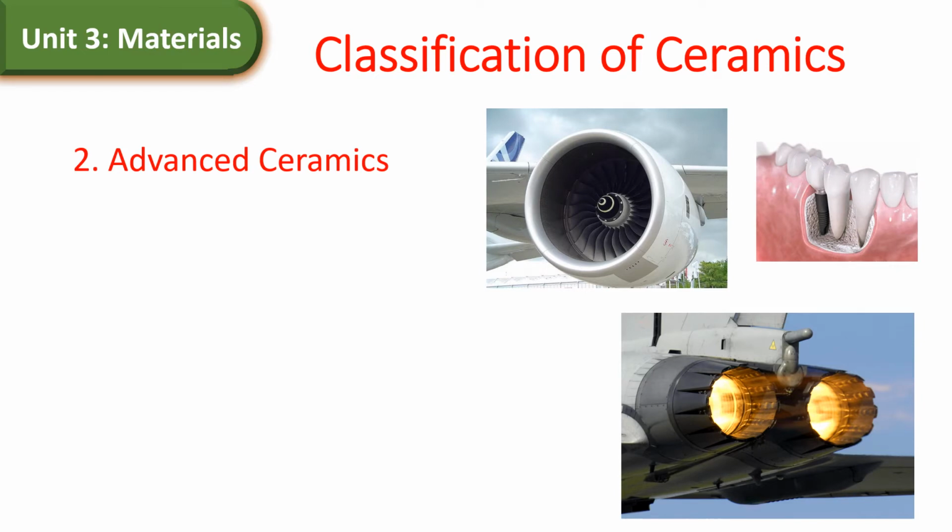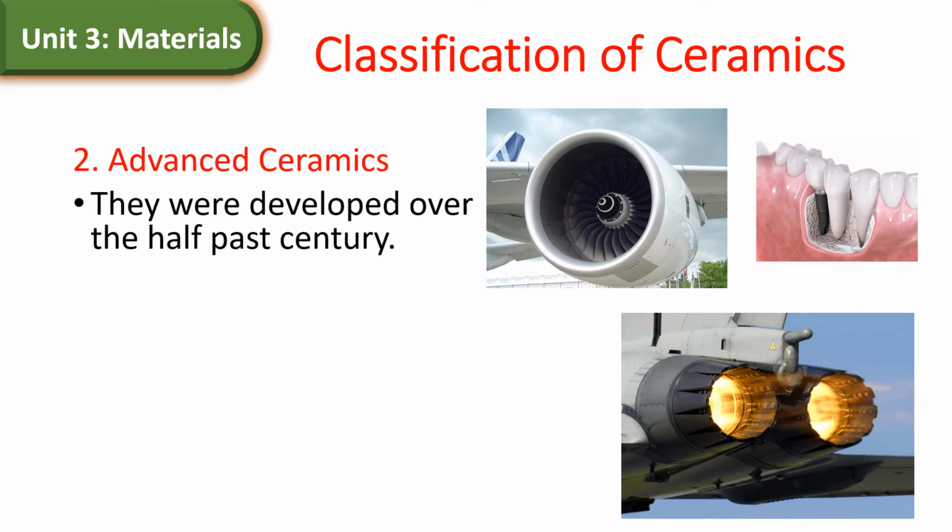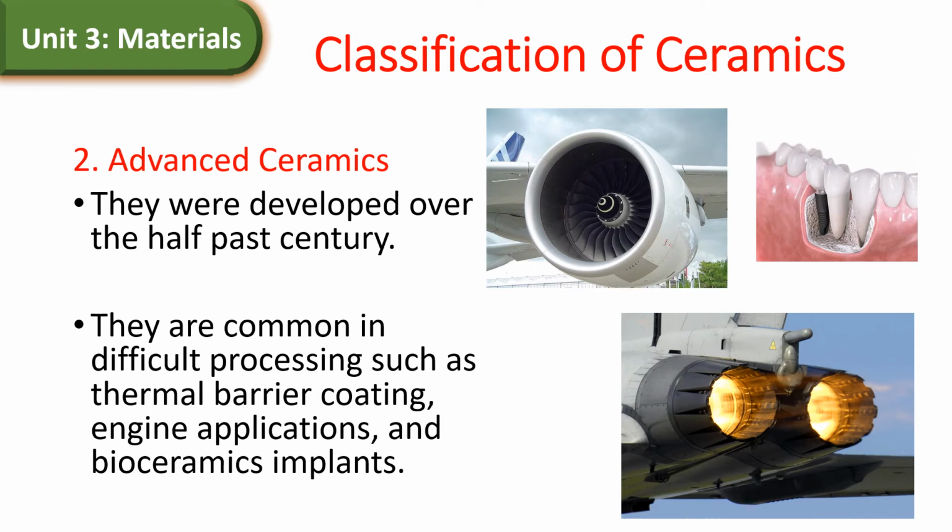Now let's go to advanced ceramics. These are still new because they were developed only in the past half century, around the 1940s to 1960s. These advanced ceramics are not commonly found in the building materials of houses or roads because they use modern techniques to make the ceramics stronger and better.